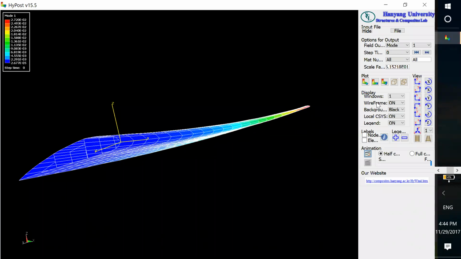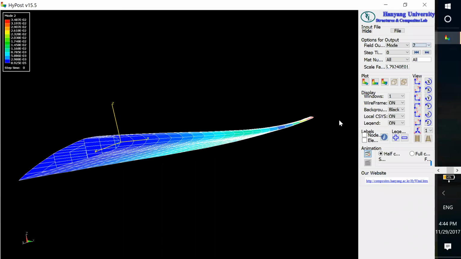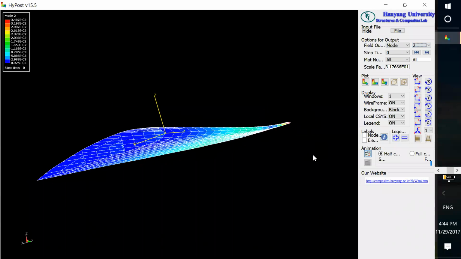But this is only one mode. But there is another one, which is like this. It vibrates faster.